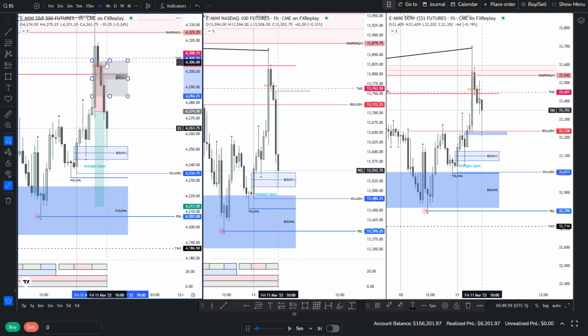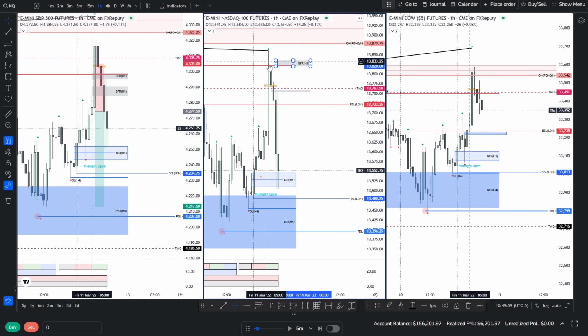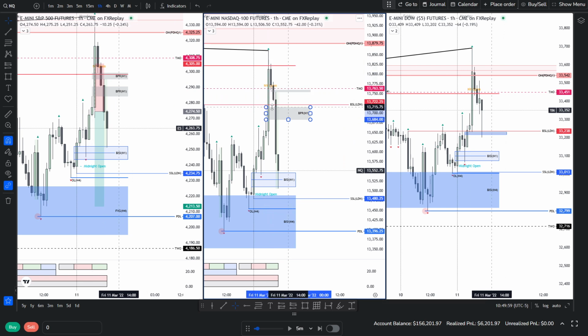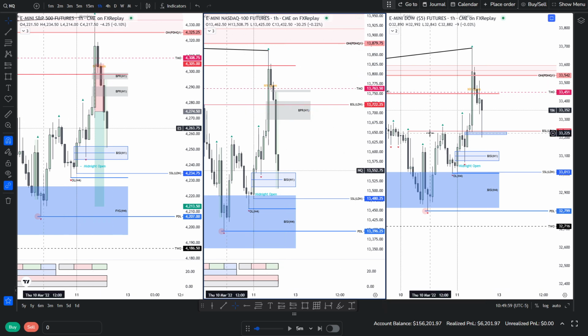Which is that? There. Which probably is the key one. Now we don't have that on.